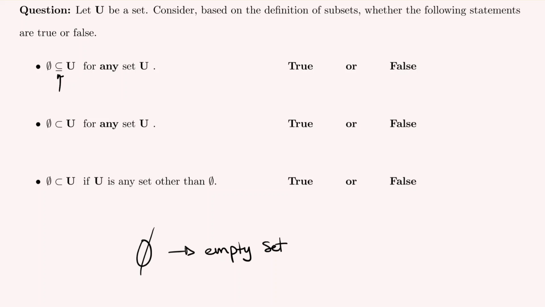Since the empty set has no elements, it is true that every element here is an element here, because there are no elements here. There's nothing to make it go wrong. So every element of the empty set, of which there are none, is an element of any set U. Because we've met the definition of subset, it is true that the empty set is a subset of any set, no matter what the set is. So there's a little bit of abstract reasoning.